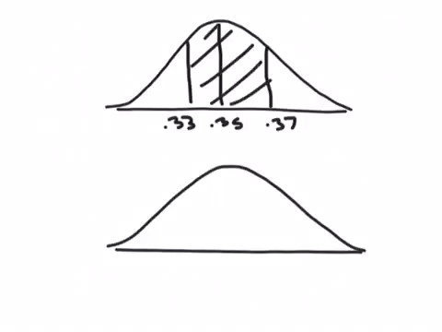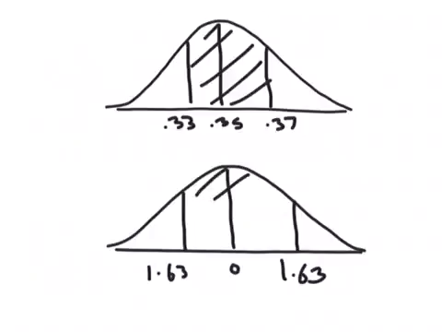Now using the z-scores tells us that we're at 0, and how many standard deviations are we? We are at negative 1.63 and positive 1.63. Basically the same graph, but this is normalizing it. That's why we do that z-score thing. So how much area is between there? Well, let's find out. Oops, I forgot to put a negative right there, so I fixed that.